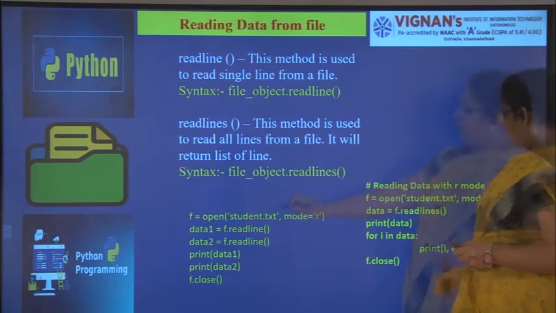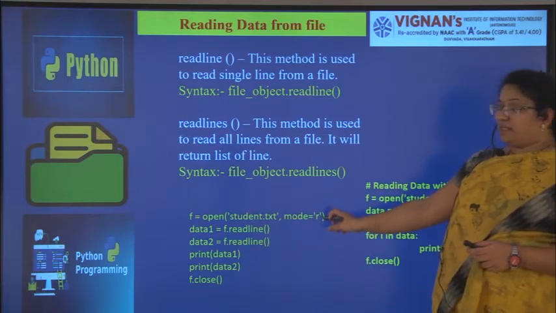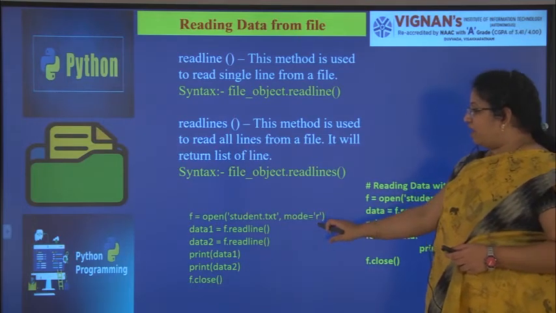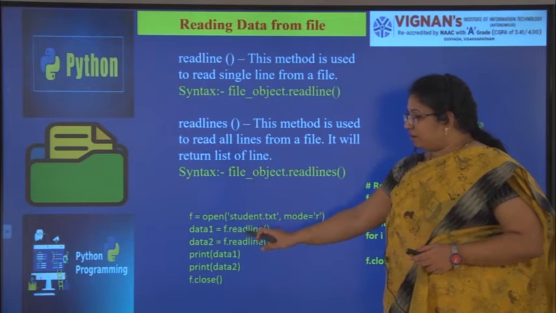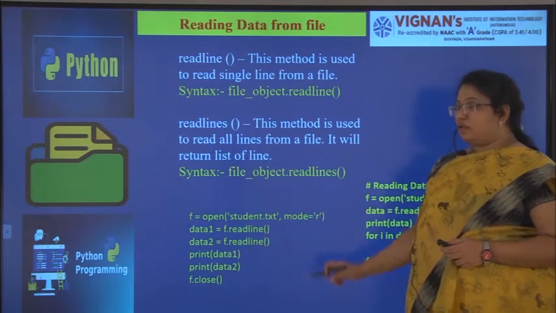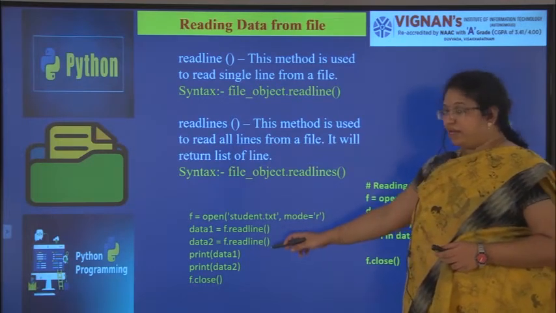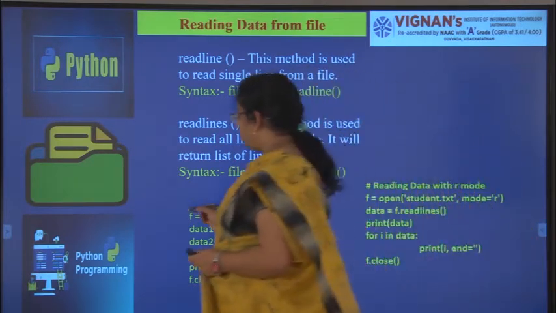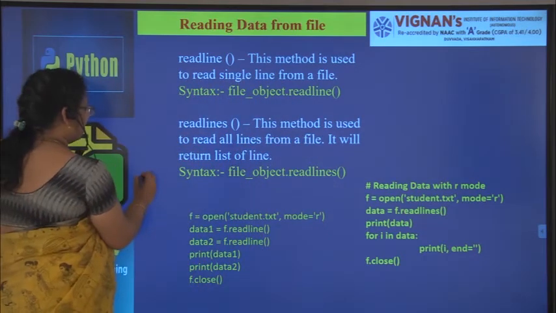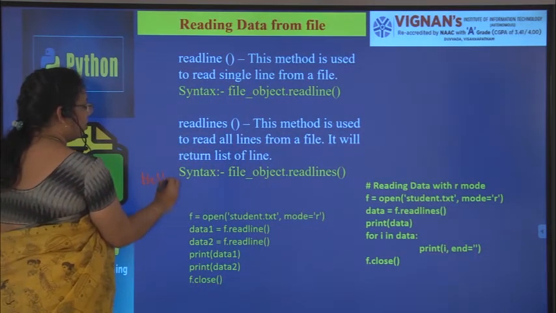See the example. f is equal to open of student.txt, with mode equal to r, and now I am going to use the function f.readline. The first line is going to be read. Let us consider the contents of my file are hello, hi.